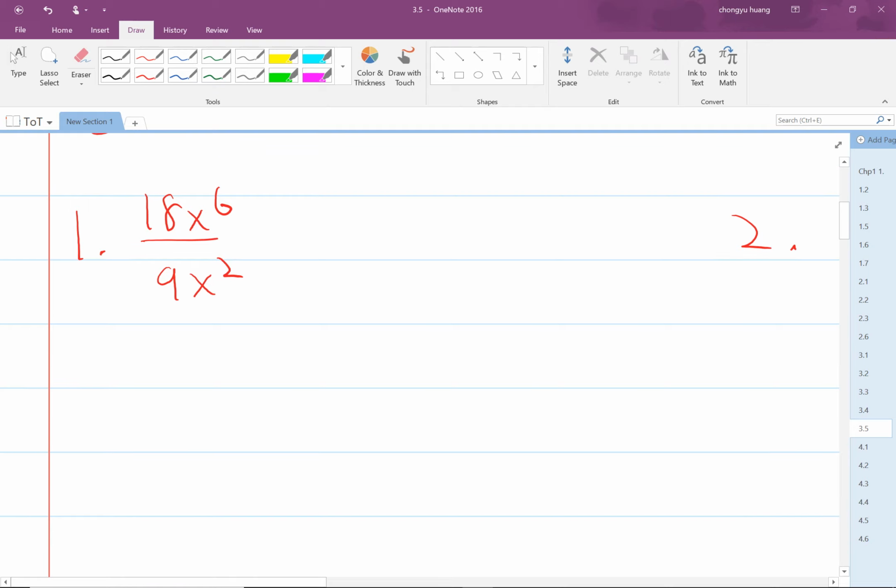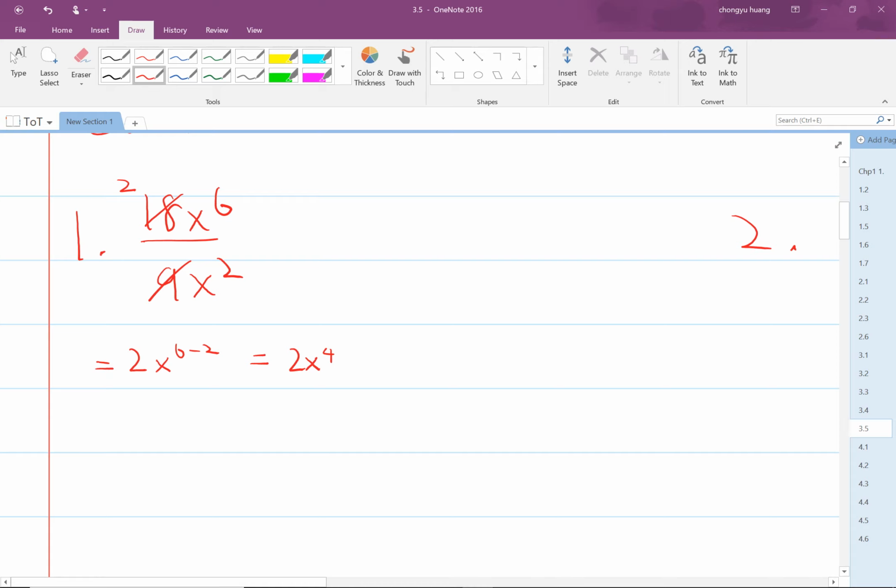We can cancel the 9, and 18 divided by 9 is 2, so only 2 is left. Then we have x to the power 6 over x to the power 2, which becomes x to the power 6 minus 2. 6 minus 2 is equal to 4, so the answer is 2x to the power 4. Now we have solved question 1.